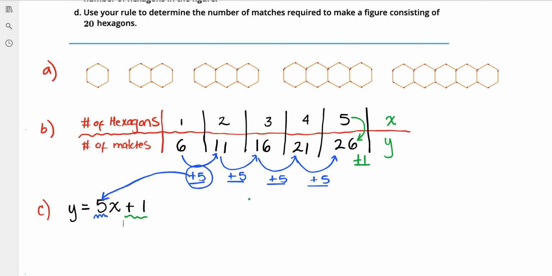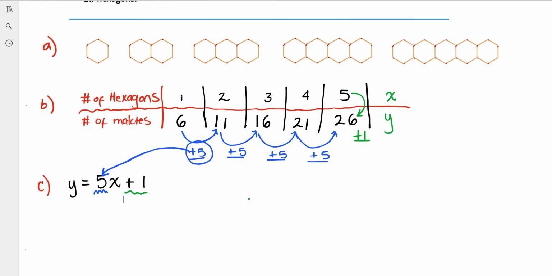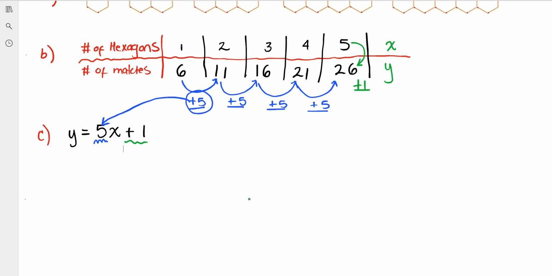Use your rule to determine the number of matches required to make a figure consisting of 20 hexagons. So now I know to use my rule. What do we have to do? Sub in. When x is equal to 20, y is equal to 5 times 20 plus 1.